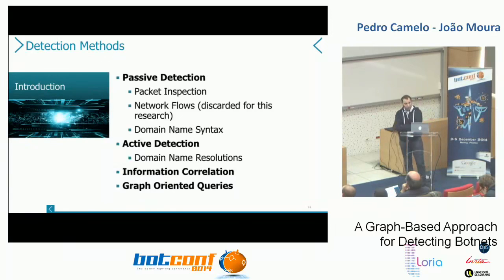We weren't able to use network flows because we just can't have network flow info from the data we have. For the active detection, we use domain name resolutions to detect fast flux behavior. The other two methods are information correlation from other services and graph-oriented queries.